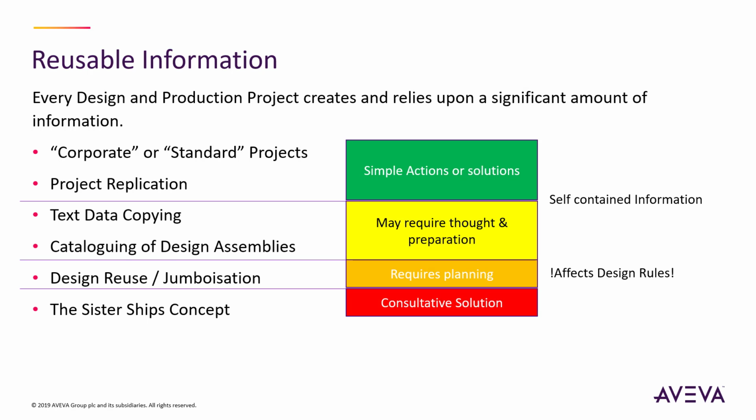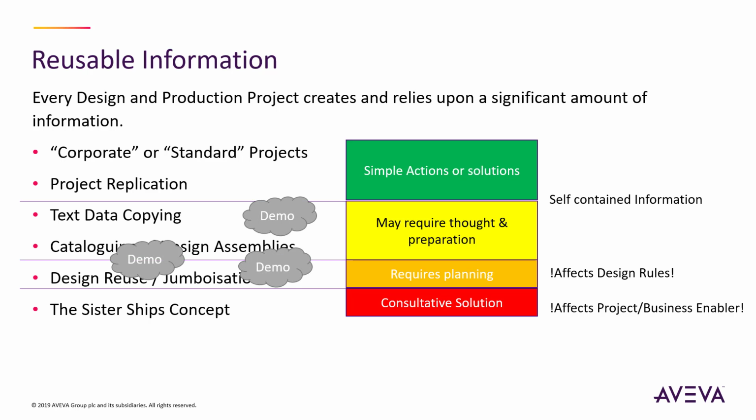And finally, with the Sisterships concept, this is very much a consultative solution, something that we would really only work with existing customers, primarily because this affects the way that a project goes. It may be a business enabler in itself. So these are a hierarchy of different solutions that we can use with our software.